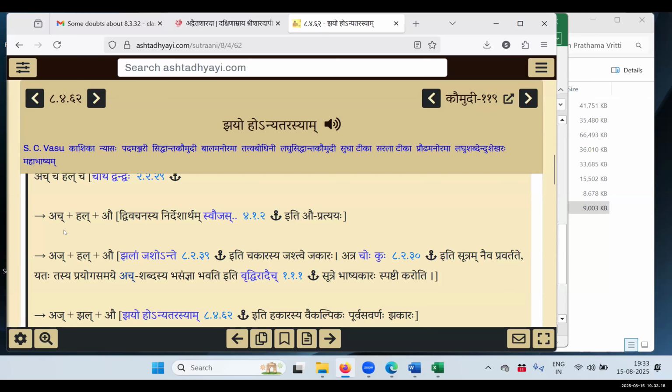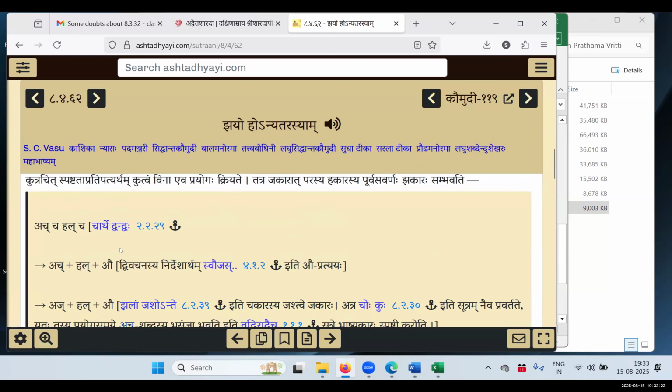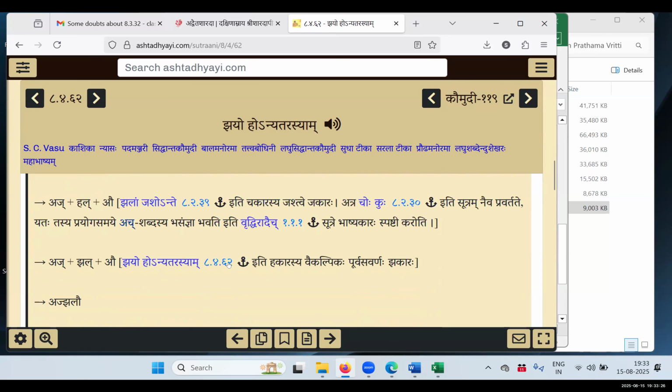Padanta, if you apply, it has to become. Swamiji, it's explained in the bracket there. Jhalam jashu ante atra choho kuhu iti sutram naiva pravartate, yatah tasya prayogasamaye achchhabdasya bhah sangya bhavati. Oh. See, the point is this. What I didn't think about is the pada sangya itself goes away. So we have to go and look back at the word ach when followed by hal.